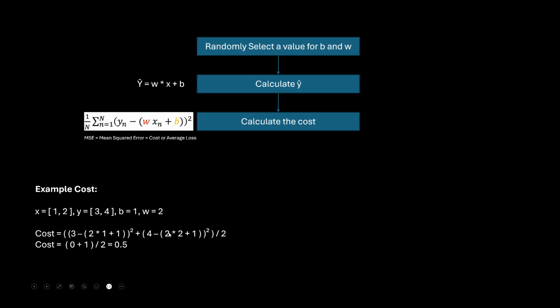We calculate the cost following this formula. The cost is 0.5. We want to drive the cost to the minimum possible value, which means the predicted value is really close to the actual value in the training data set. So we want to drive the cost as close to zero as possible.